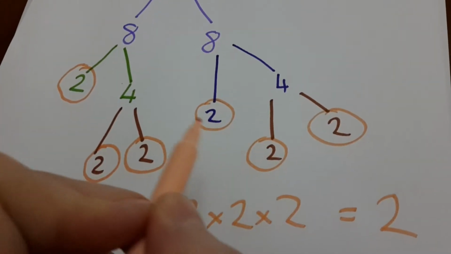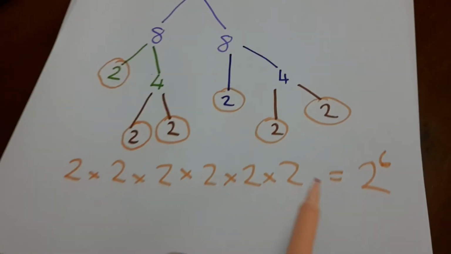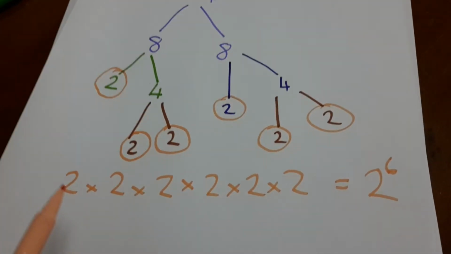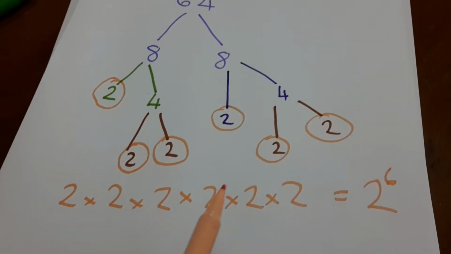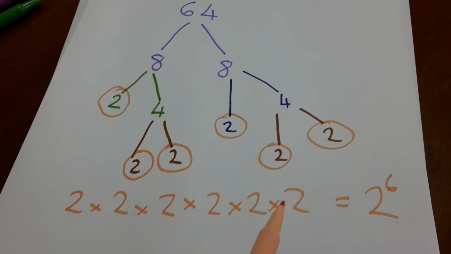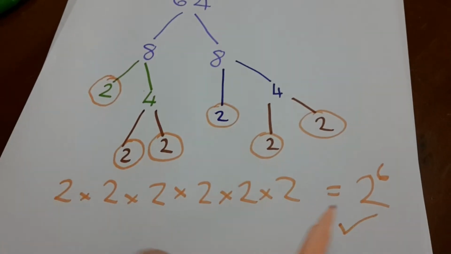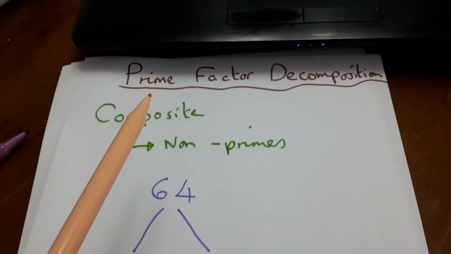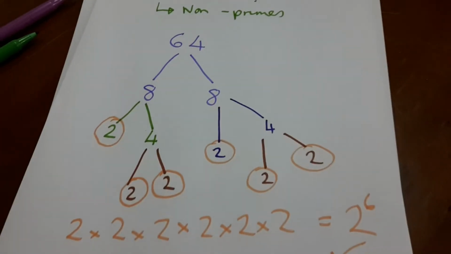Let's check that: 1, 2, 3, 4, 5, 6. If I work out 2 to the power of 6, I should definitely end up at 64. So 2 times 2 is 4, times 2 is 8, times 2 is 16, times 2 is 32, times 2 is 64. So yes, 2 to the power of 6 is my prime factor decomposition for the number 64. And that's all there is to it.